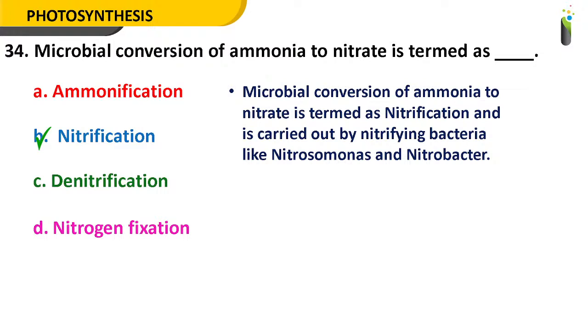Microbial conversion of ammonia to nitrate is termed as nitrification, and it is carried out by nitrifying bacteria like Nitrosomonas and Nitrobacter. So students, you can note down these points and make your own synopsis. This will prepare you for your MCQ exams.